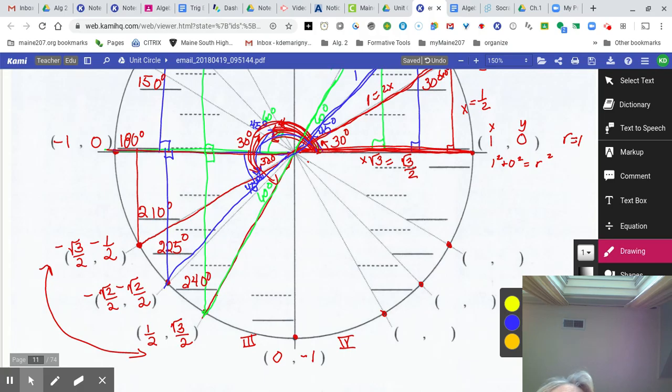So the 30 degree and the 60 degree have the exact same coordinates, but reversed. My 30 is root 3 over 2, 1/2. My 60 is 1/2, root 3 over 2. Switch them. The 45-45 are both root 2 over 2. Now remember, I've gone left and I've gone down, so these are both negative coordinates.